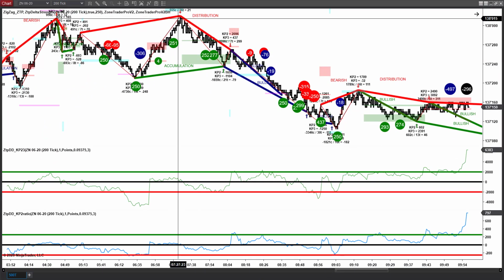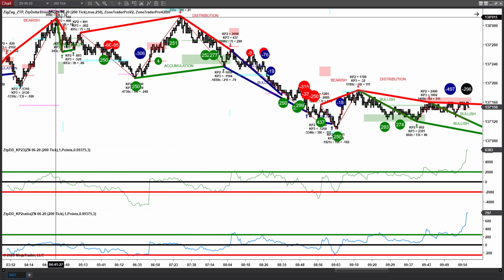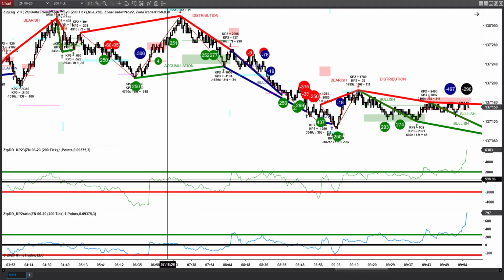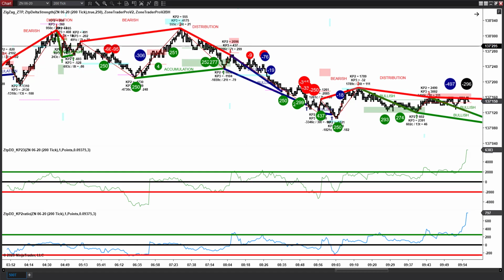Okay, so let's look at what we have historically back here on the chart. At about 7:30 this morning, we had this double top right here. And as we can see from the strength of that double top, there was not really a significant amount of buyers to get us to the top.